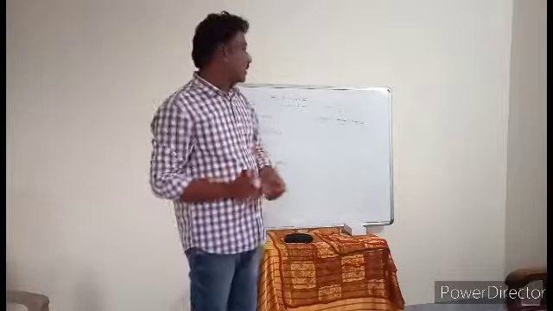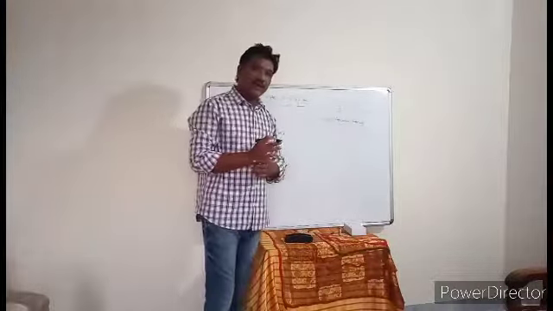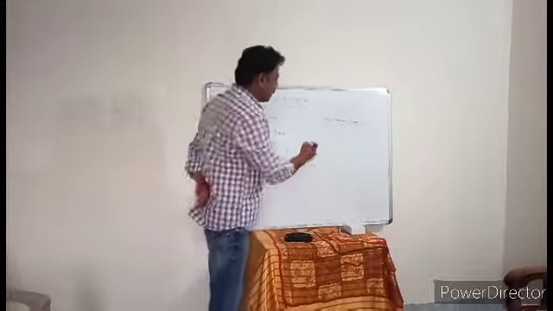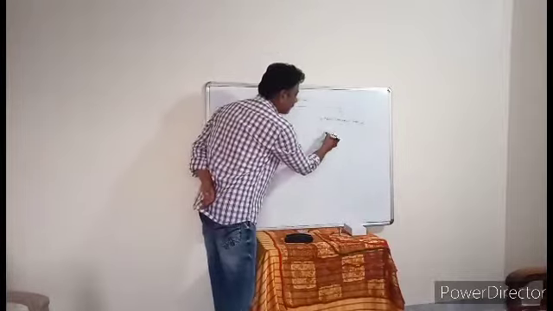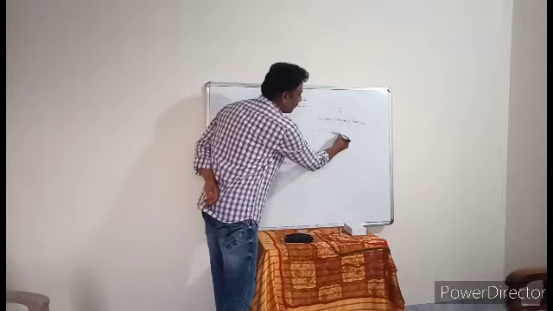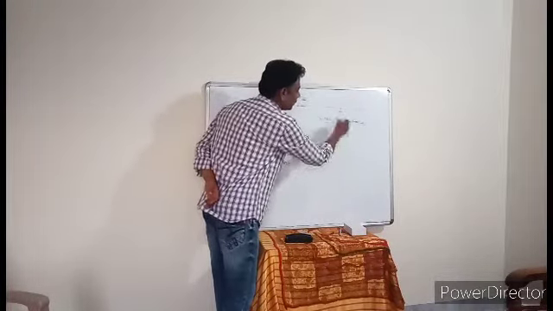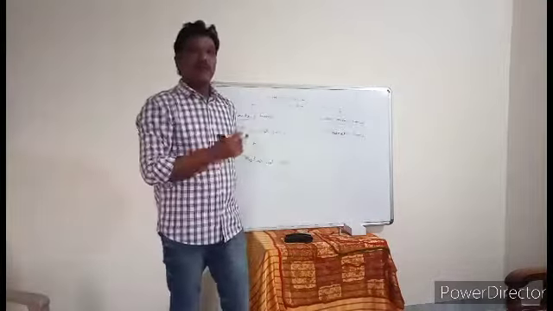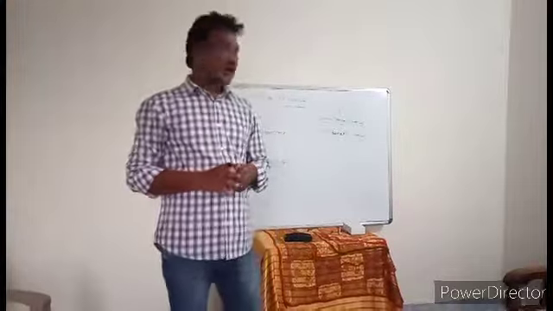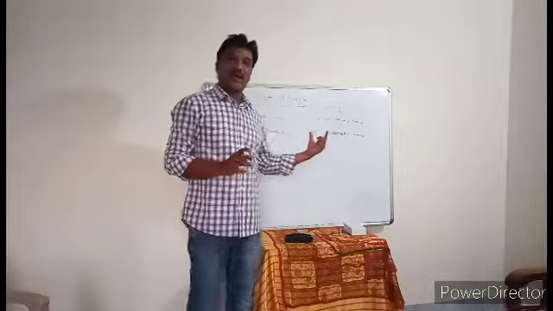Now let us see. Here in the non-contact forces, the first one we have is one type of force. What is that? Magnetic force. Magnetic force is one example of a non-contact force. What is this magnetic force? We are already aware of this magnetic force.